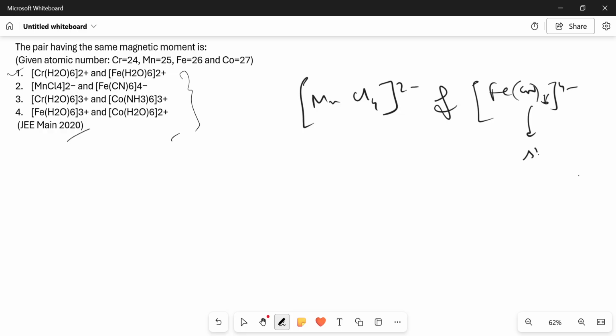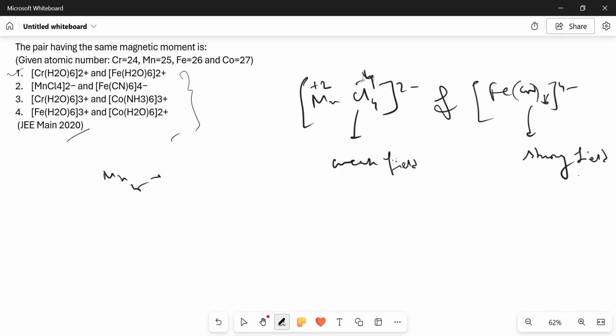CN is a strong field ligand, and Cl is a weak field ligand. Chloride has a charge of -1 each, so 4 times -1 is -4 and the overall charge is -2, so x - 4 = -2, therefore x = +2. So manganese is in the +2 state.